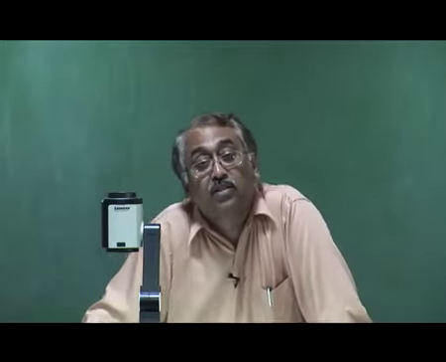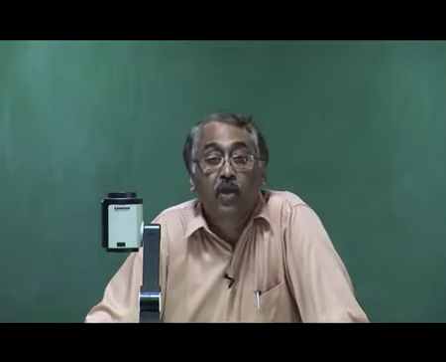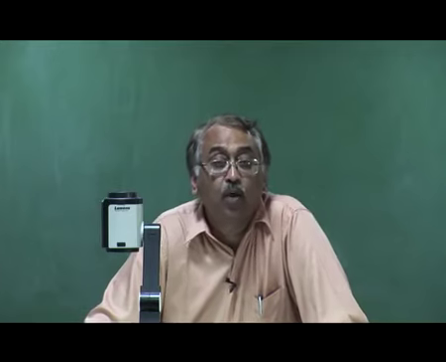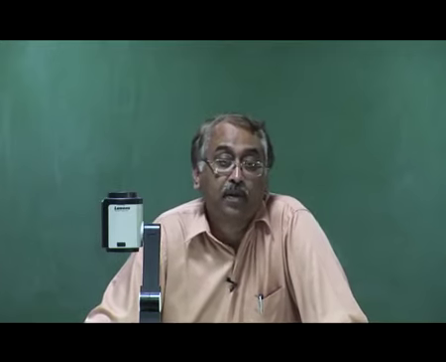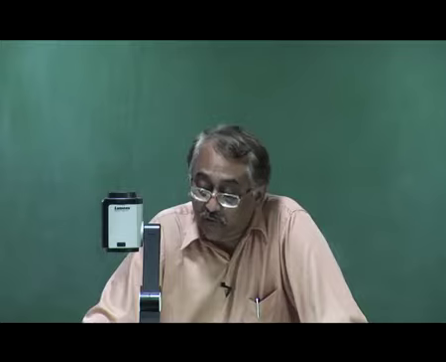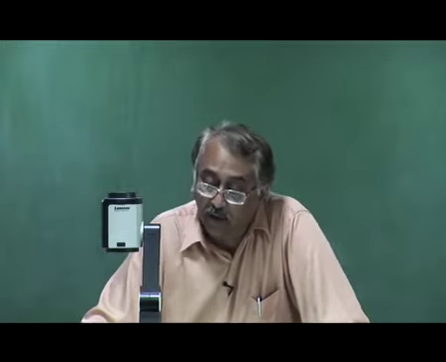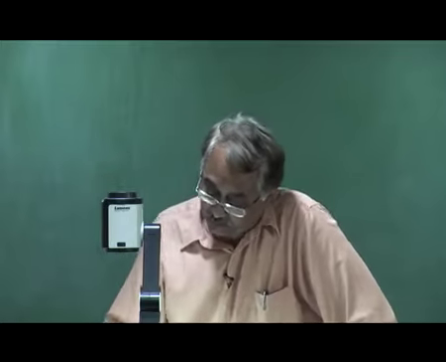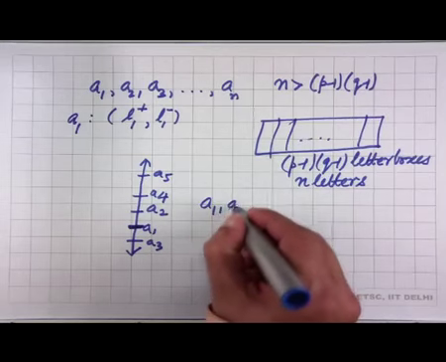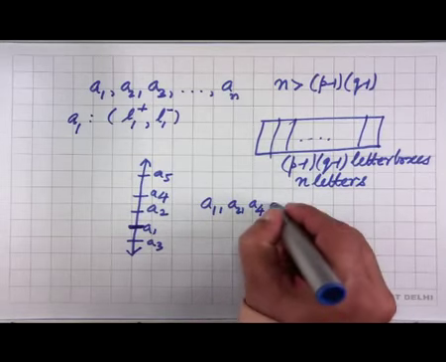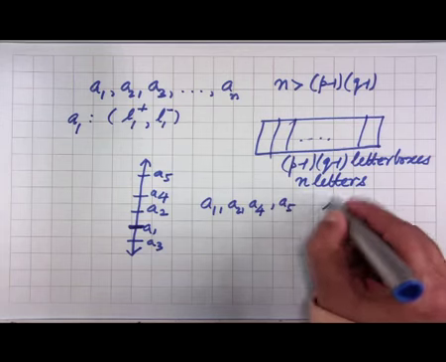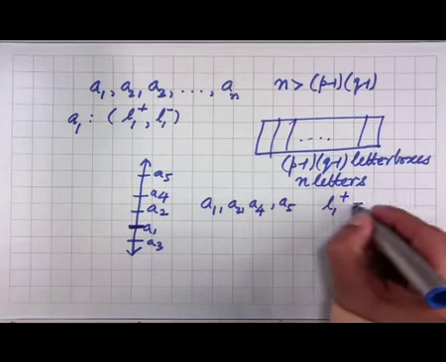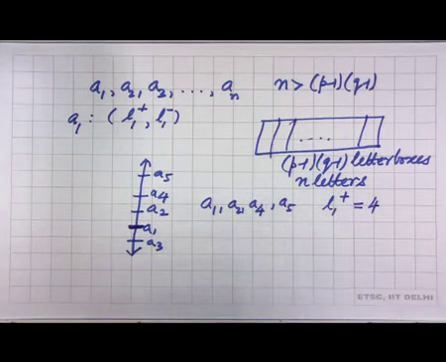The L1 will denote the longest subsequence you can get starting with A1. In this instance, it could be A1 followed by A2, followed by A4, followed by A5. So L1 plus would be 4, because there are 4 terms in the sequence.